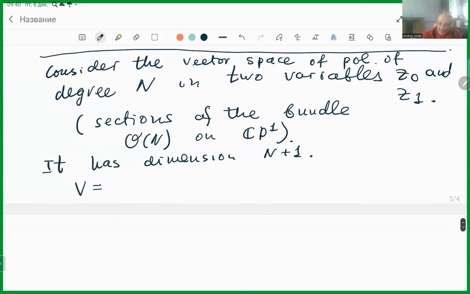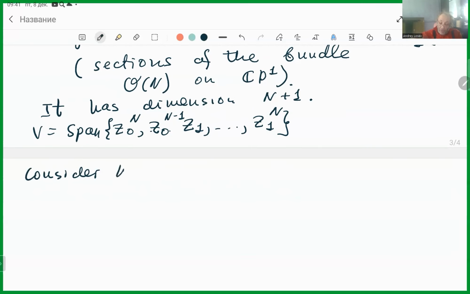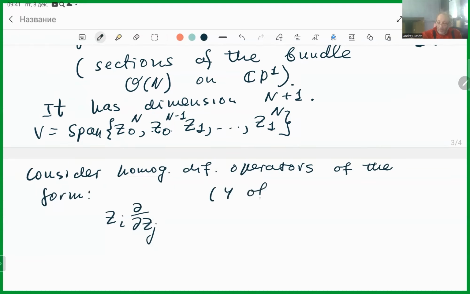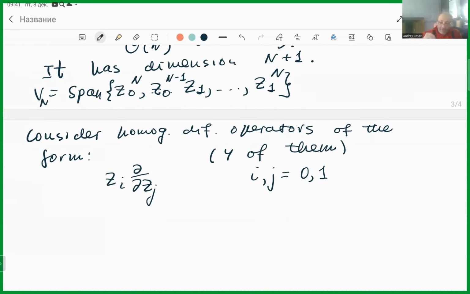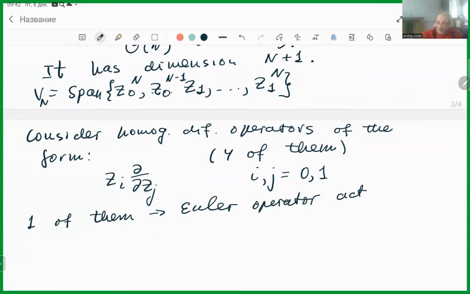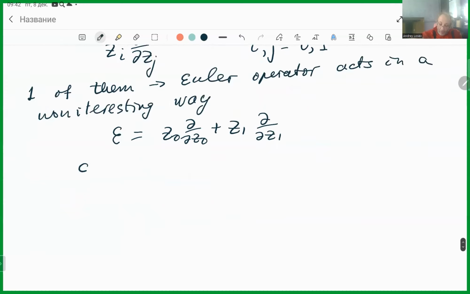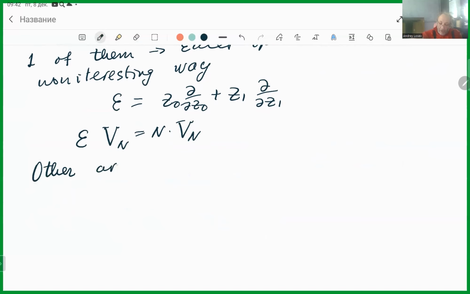So this space is spanned by z0 to the power n, and so on. Consider homogeneous differential operators of the form z_i d over dz_j, four of them, since i, j could be 0 or 1, acting on V_n. One of them is called the Euler operator and acts in a non-interesting way: I acting on V_n is n acting on V_n. The others are interesting.